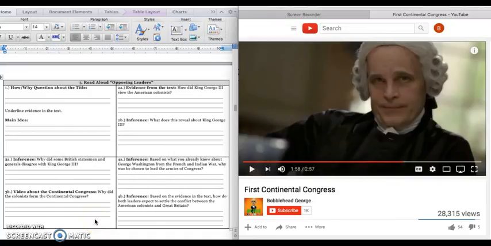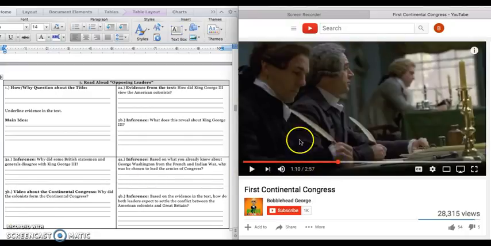Okay, we'll stop right there because we have some information about why they formed the Continental Congress. If you were listening when they were talking to each other, the Congress, a group of men from all the states, got together and met, and they were telling what they had agreed on in the Continental Congress, that they weren't going to go to war yet, but instead they were going to determine how to peacefully settle their disagreement with Great Britain.